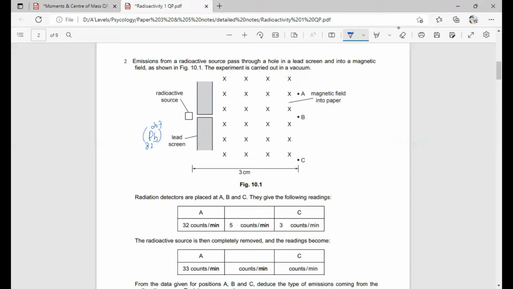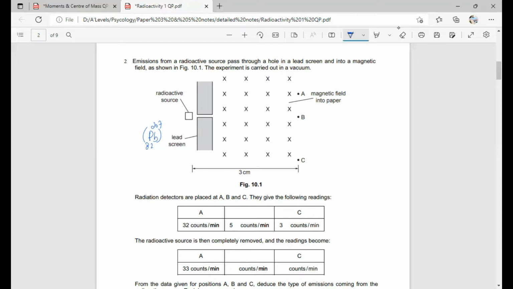So basically, we know well about the charges, positive, negative, and neutral, as per your radiations alpha, beta, and gamma.